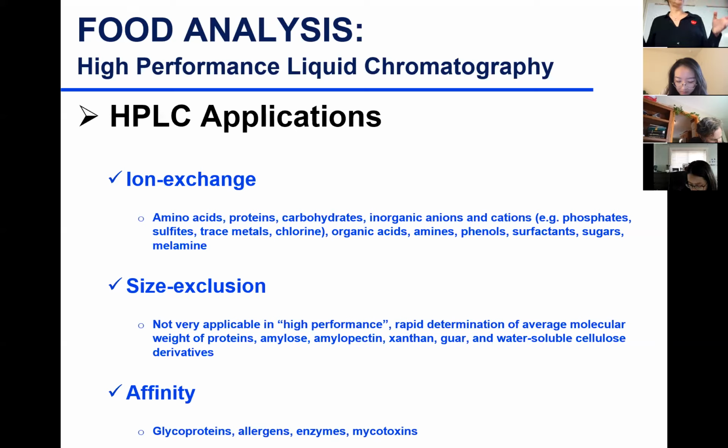If I want to identify exact molecular weight and separate them based on molecular weight, I can use high performance liquid chromatography instead of low pressure liquid chromatography. Affinity is used for specific applications to isolate allergens, to isolate and purify enzymes, to isolate and purify toxins.